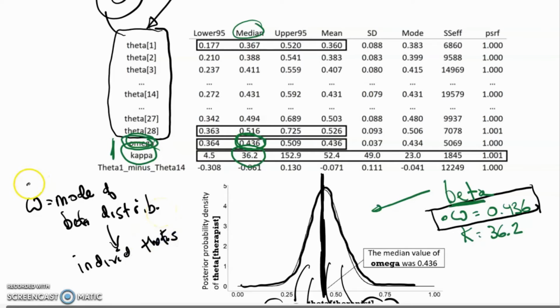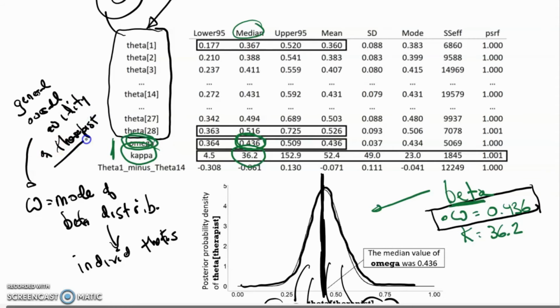And so we can view omega as reflecting some sort of general, overall ability of the therapist to detect the hand.